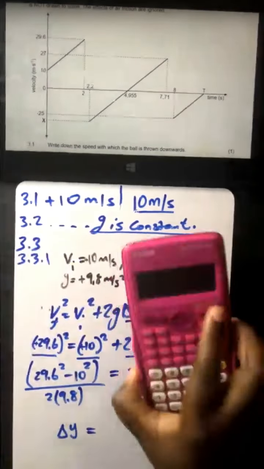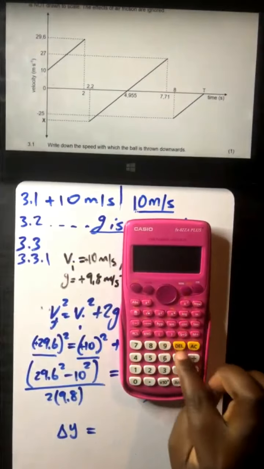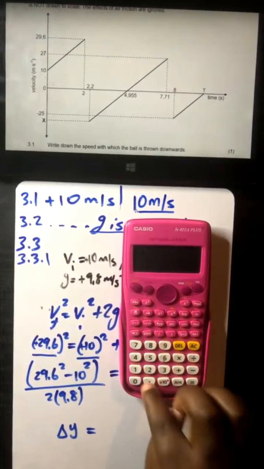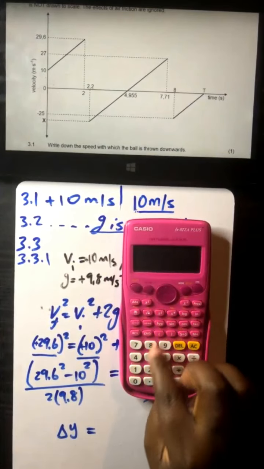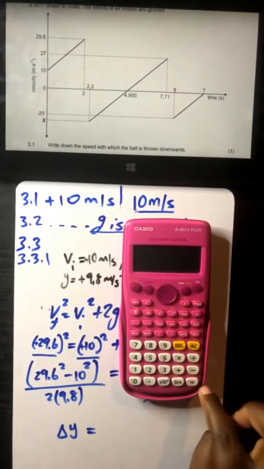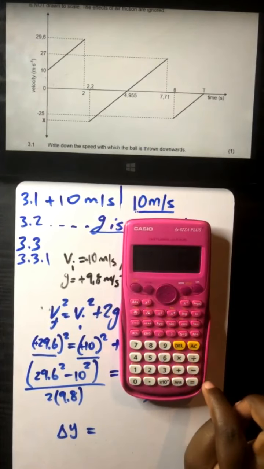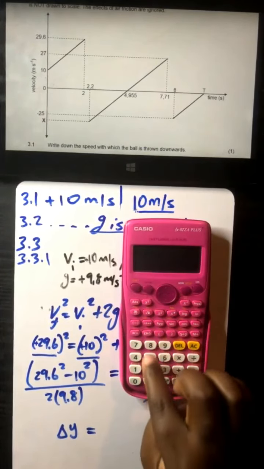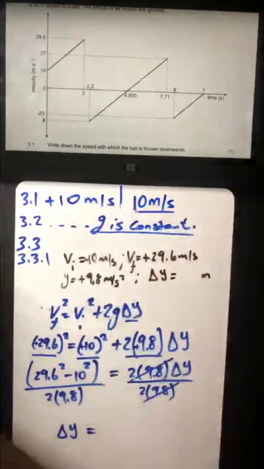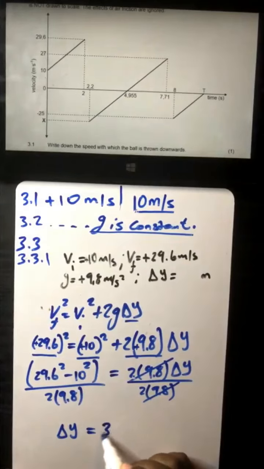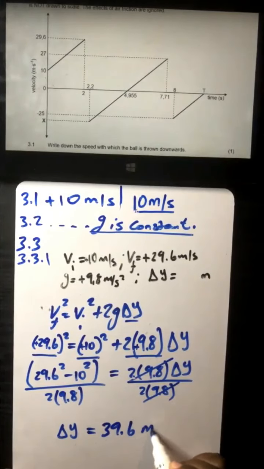So obviously it's 29.6 squared minus 10 squared, equals that. You divide by 2 into 9.8, it equals 39.6. So guys, I'm getting 39.6. I'm not sure if you're also getting the same value.